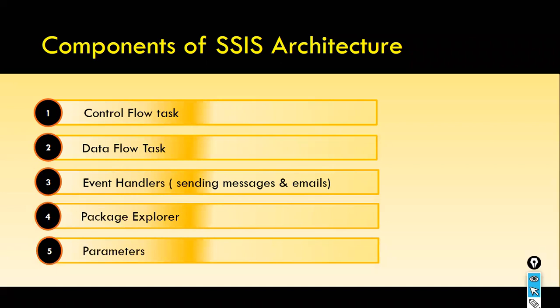We use parameters to pass values to a package at runtime. In SSIS, parameters make a project much more flexible by eliminating the reliance on hard-coding values. If you remember these components at this moment, that is more than sufficient.